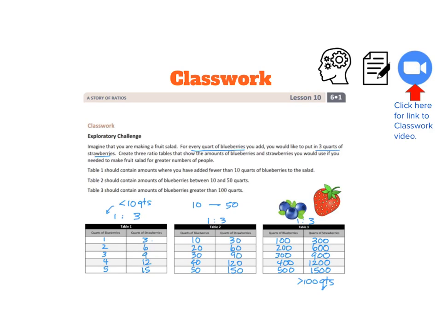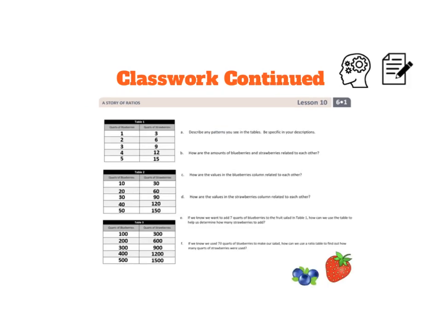Okay, so then we're going to the next page, and it says, describe any patterns that you see in the tables. Be specific. So I know that in this first table, it's a 1 to 3 ratio. Table 1 is a 1 to 3 ratio.